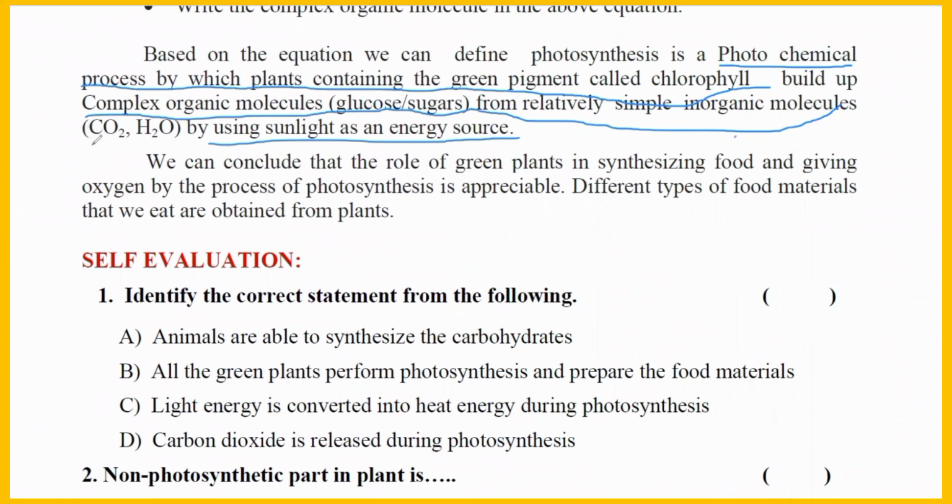So plants prepare it by a photochemical process, obtaining inorganic molecules like carbon dioxide and water, and they prepare glucose, a sugar or organic molecule. This is the definition of photosynthesis.